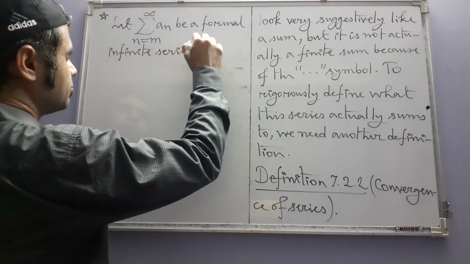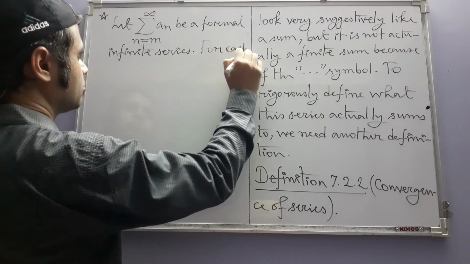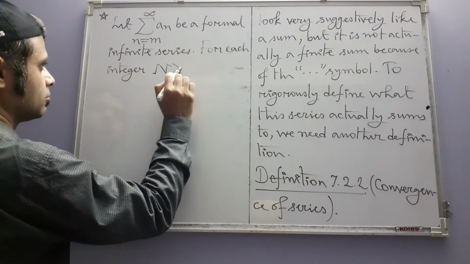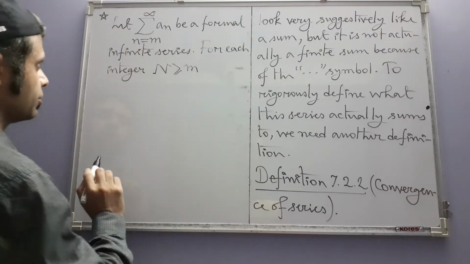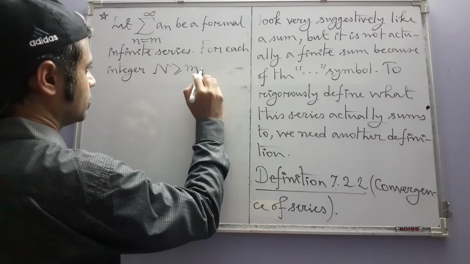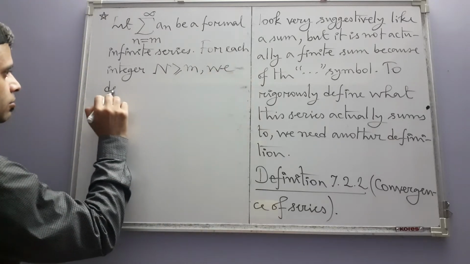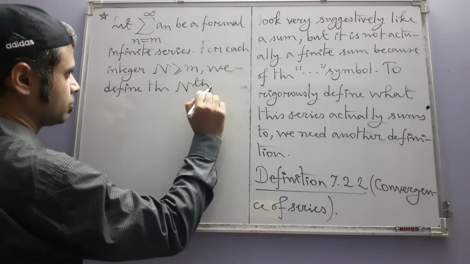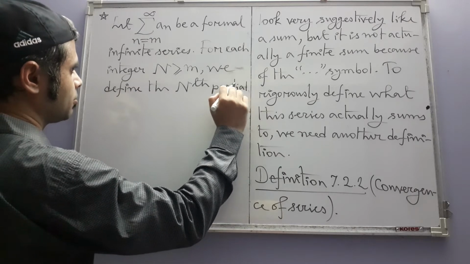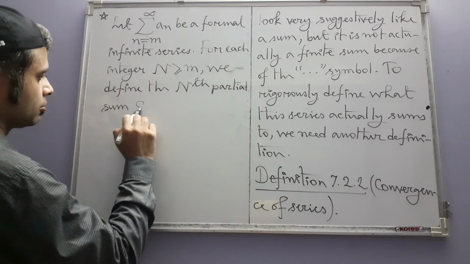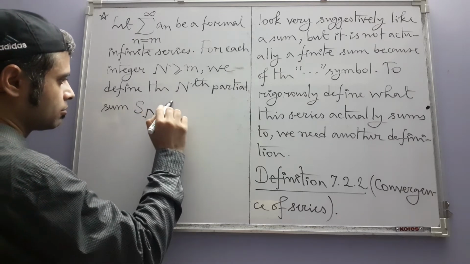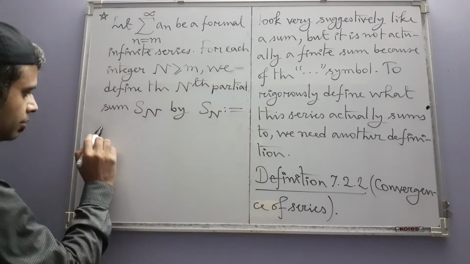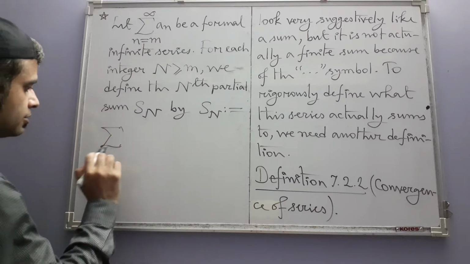First of all, for each integer n greater than or equal to our lowest possible value of n, m, we define something called the nth partial sum, Sn, by this formula, this definition.